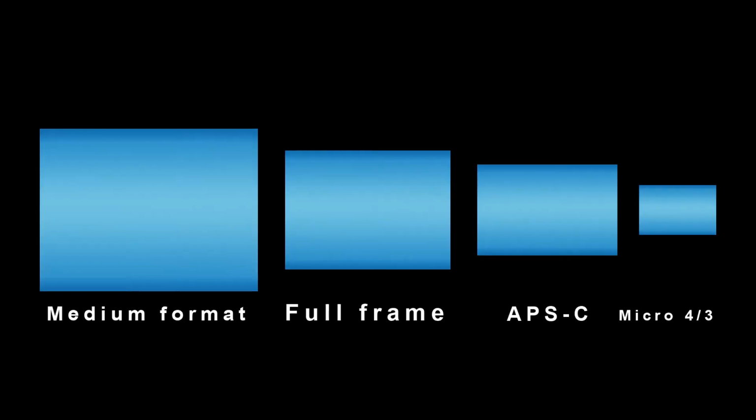This video covers the most popular sensor sizes: medium format, full frame, APS-C, and micro four thirds. We will not be talking about medium format in this video, since it is typically used for very high-end fashion photography and very high-end product photography, and it has the largest imaging plane amongst the options.